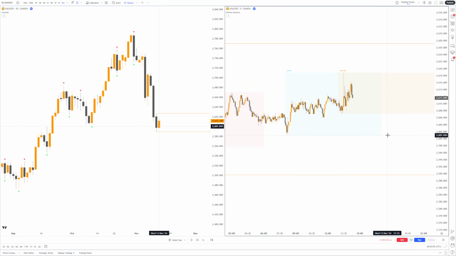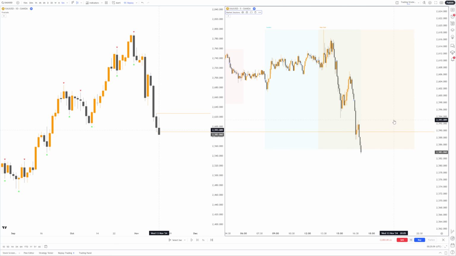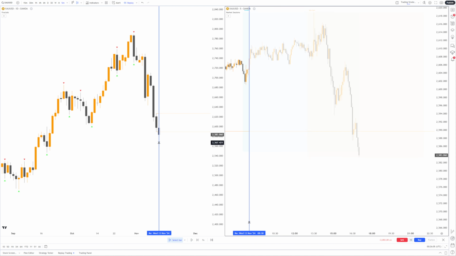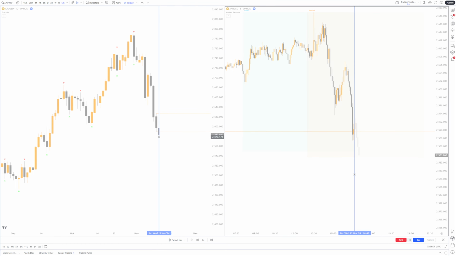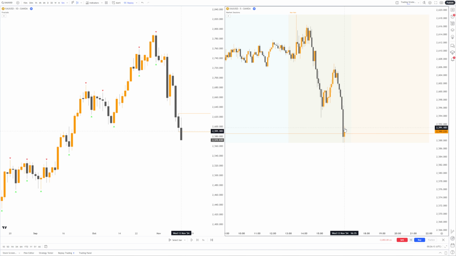London session, New York session. Cool. So New York session here. See, price broke below, closed up. This would have been another valid entry there.